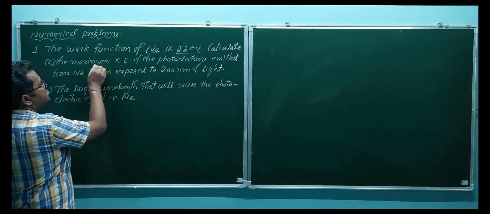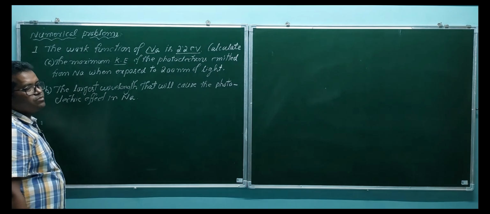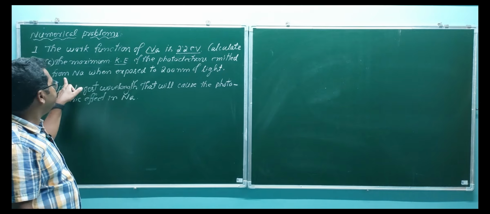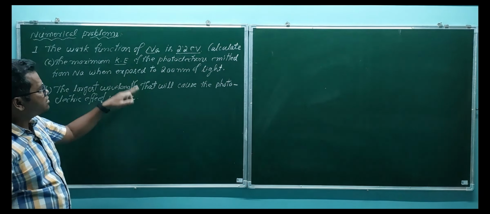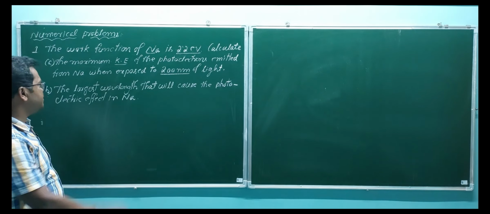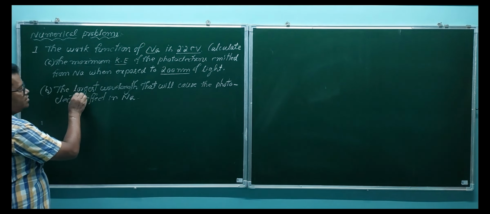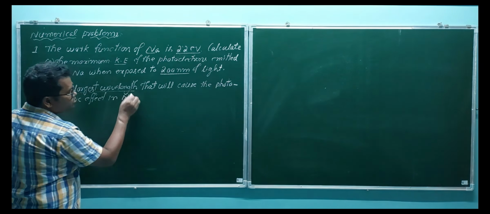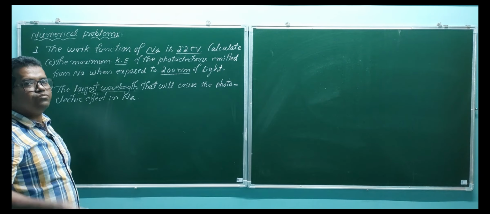Calculate the maximum kinetic energy of the photoelectron emitted when exposed to 200 nanometer light. This is the first one. And the second one is the largest wavelength that will cause the photoelectric effect.